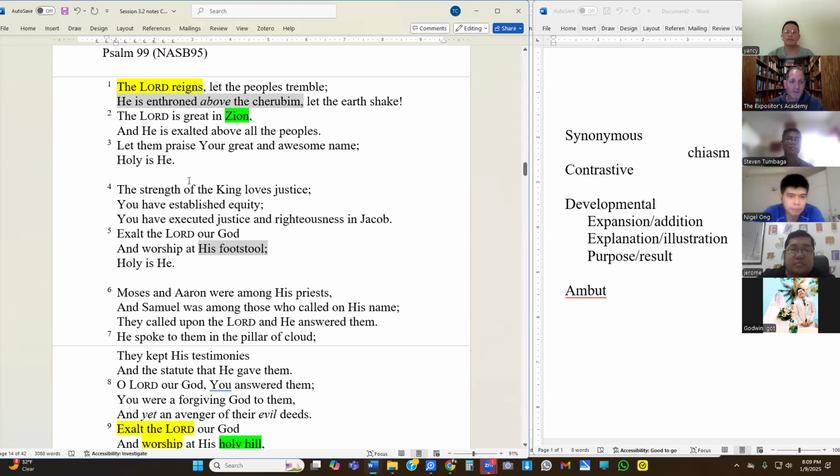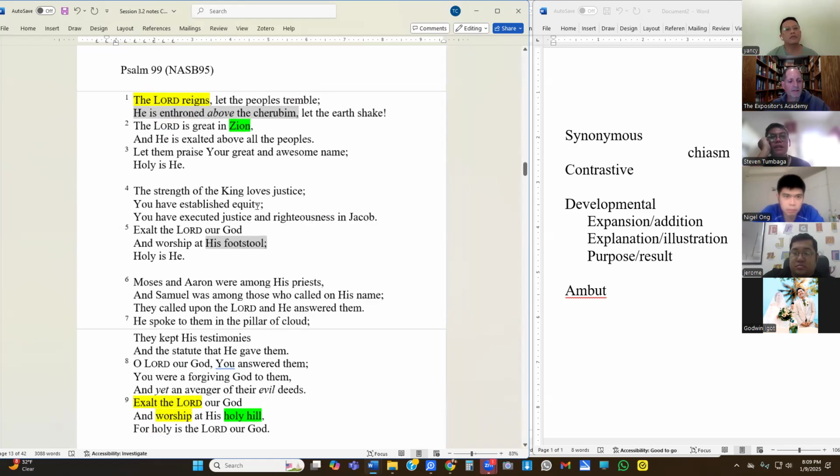We don't know for certain because we don't have a superscription that gives us the specifics. But again, a careful comparison of the song that was sung at that time with these particular psalms, which are listed as enthronement psalms because they emphasize the reign of Yahweh and his greatness, I think a good case could be made for that.